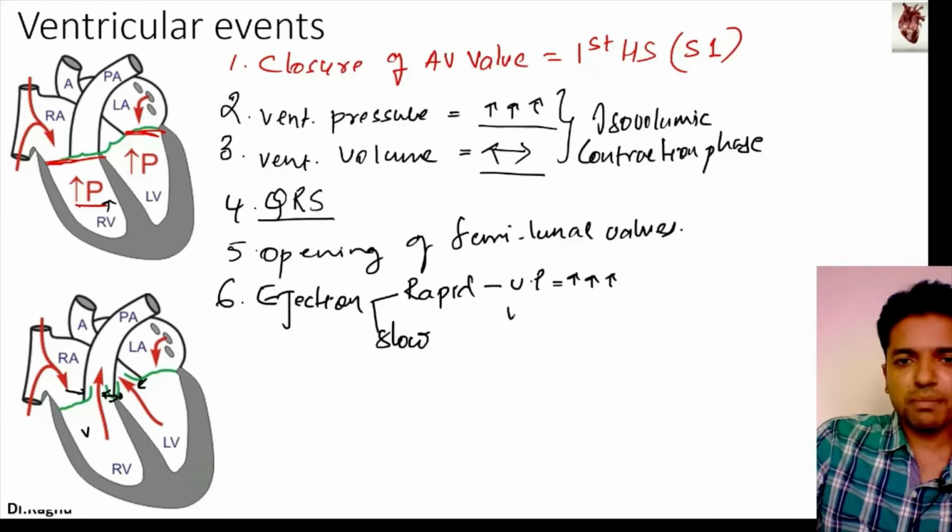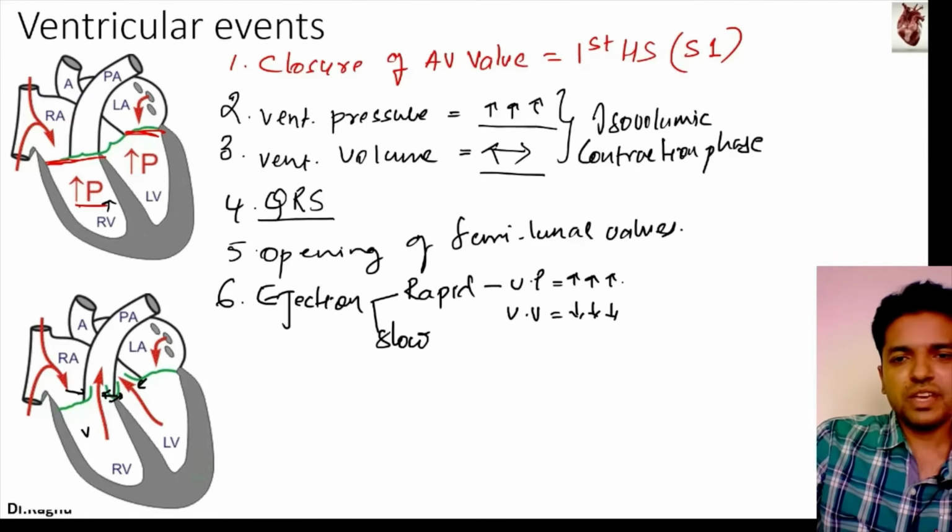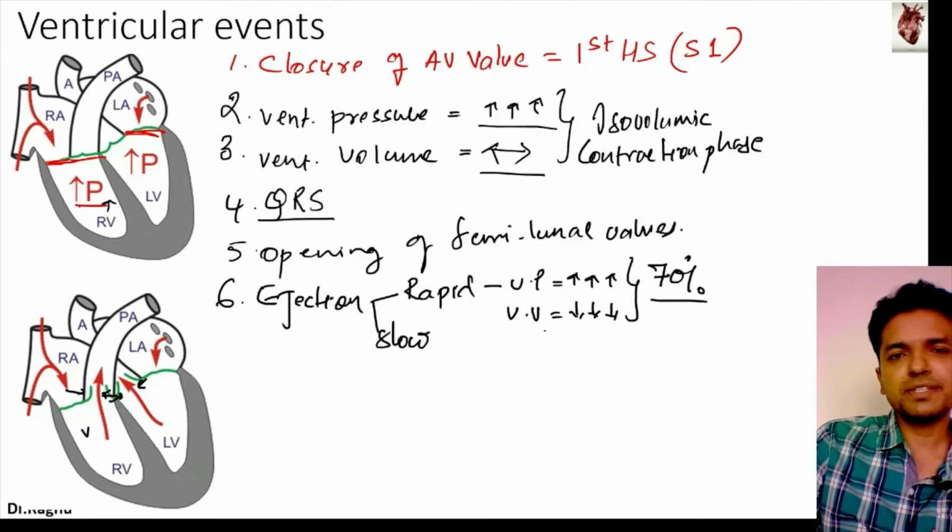And the ventricular volume is going to reduce, because the blood from the ventricles is now entering into the big vessels, that is the aorta and the pulmonary artery. This rapid ejection is going to contribute to ejection of 70% of the blood from the ventricles into the big vessels.